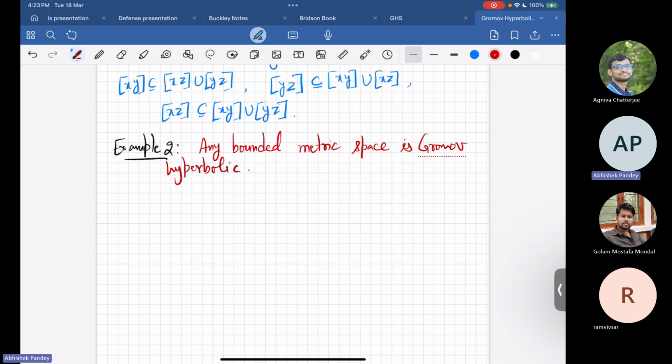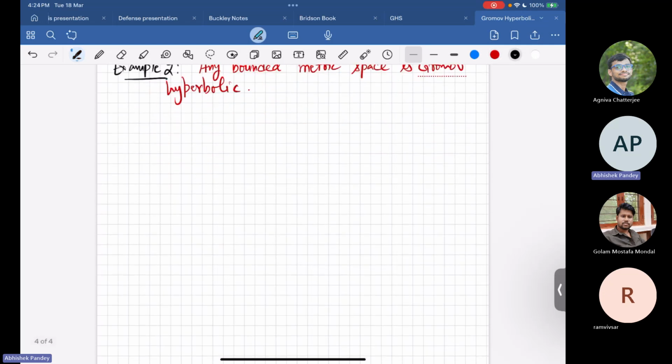Just take the diameter, which is, let us say, less than or equal to k, and take any delta greater than or equal to k. Then if you take the delta neighborhood of the union of any two sides, the third side will be contained in that. That is trivial in this sense.